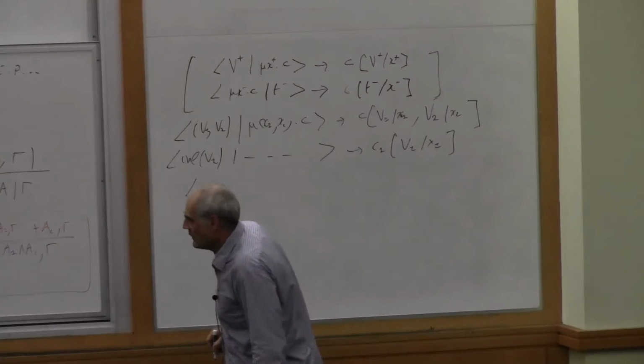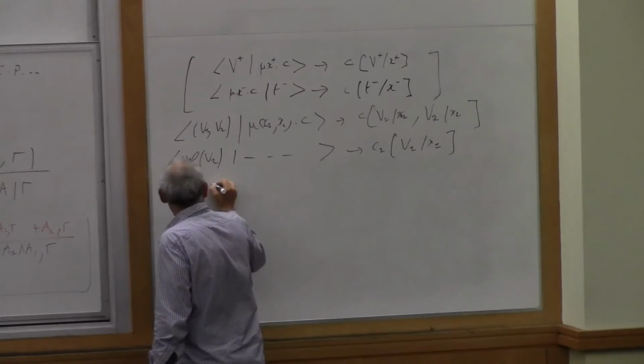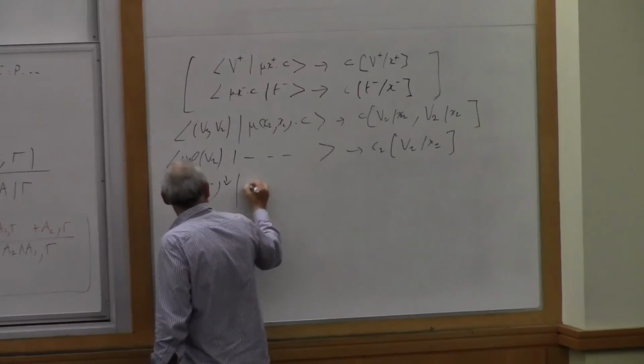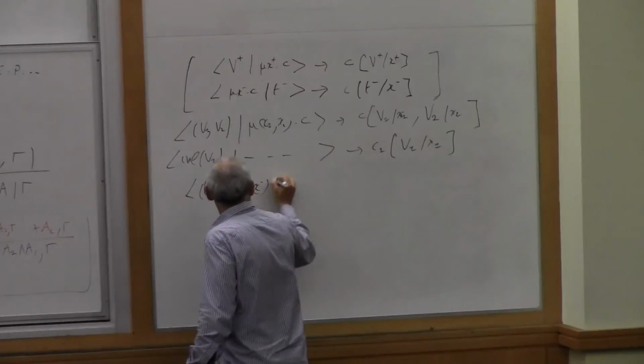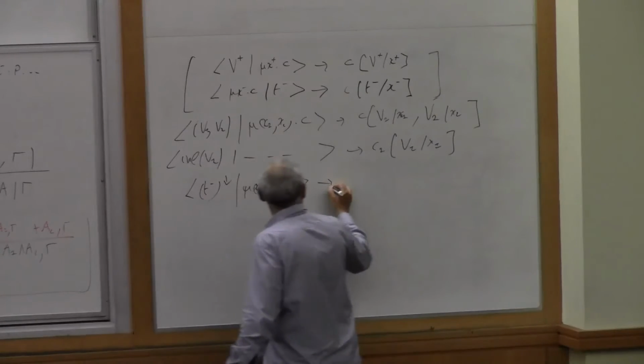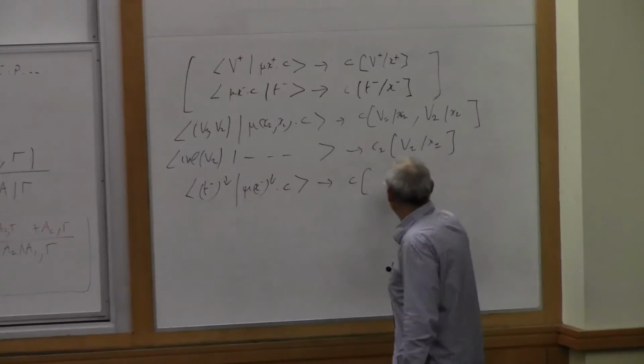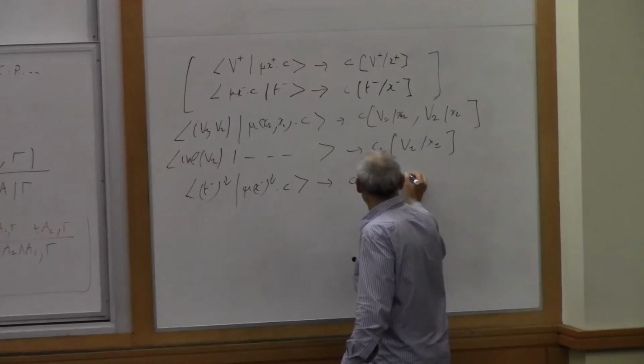So we have that T minus down mu x minus down dot c reduces to c, where T minus replaces x minus.